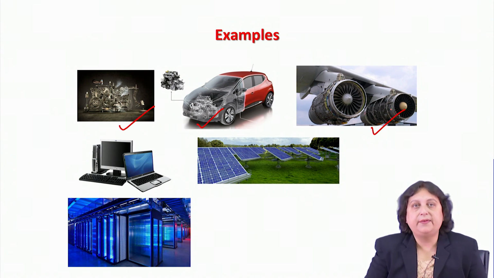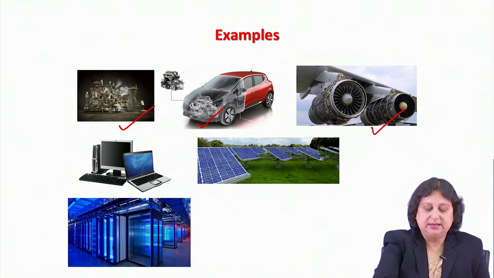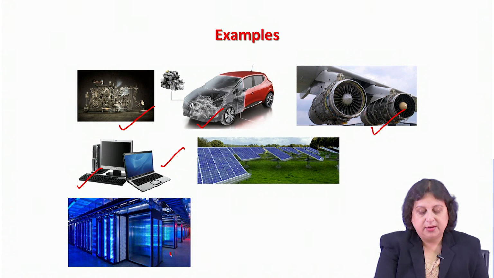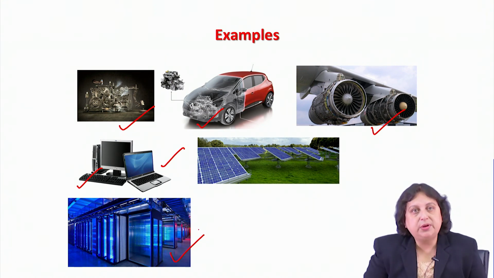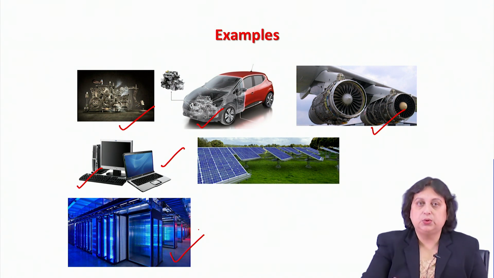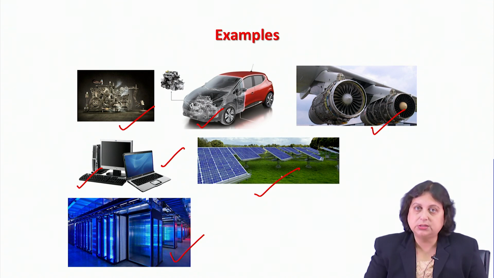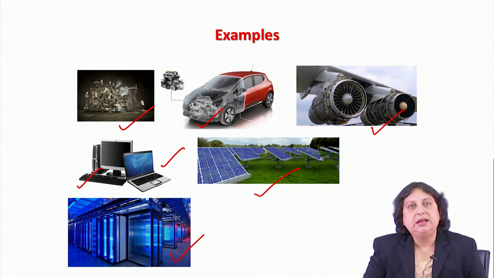We can also have macroscopic systems that we see these days, a laptop, a desktop computer, or a very large computing system or a supercomputer. We also see these solar panels these days, which are useful for the conversion of solar energy into other forms of energy. This is also a macroscopic system whose properties can be studied in terms of thermodynamics.